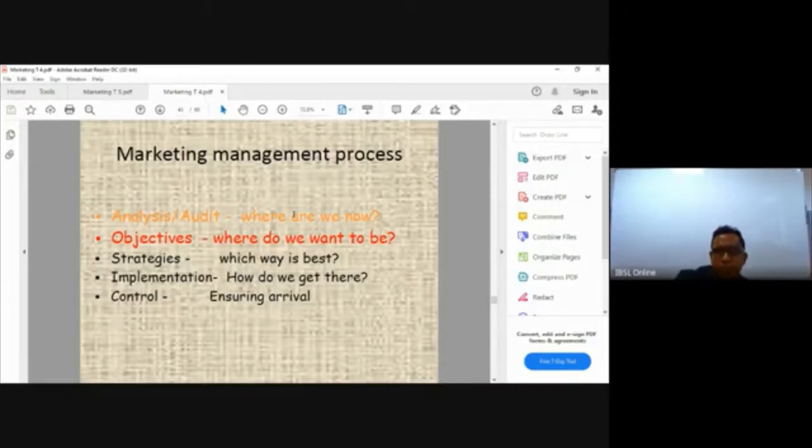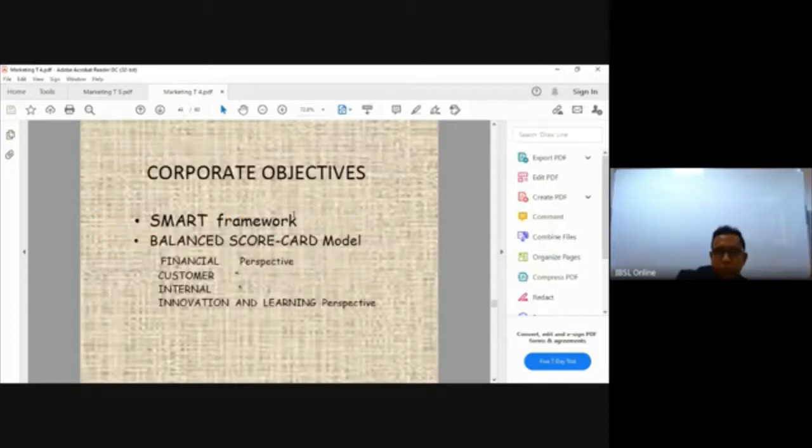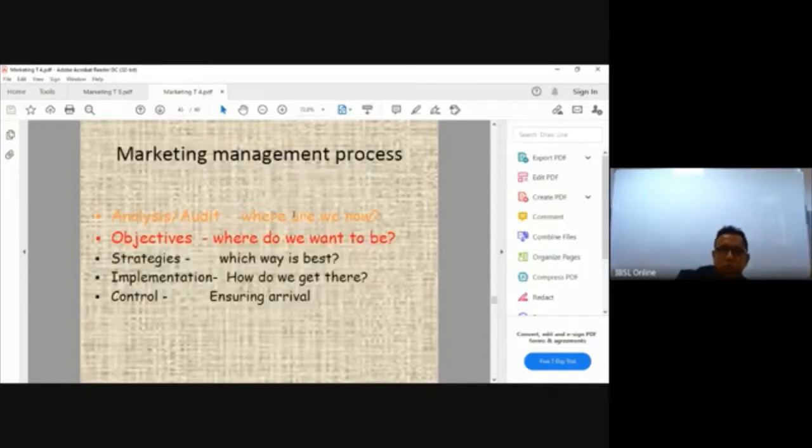The steps we discussed: where are we now? Where do you want to be? Which way is the best? How do we get there? How do we ensure arrival? So let's see now what our objectives are going to be.